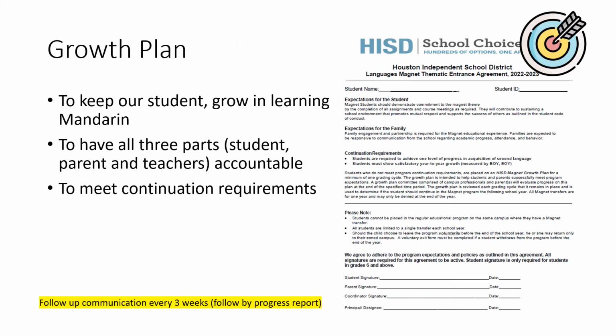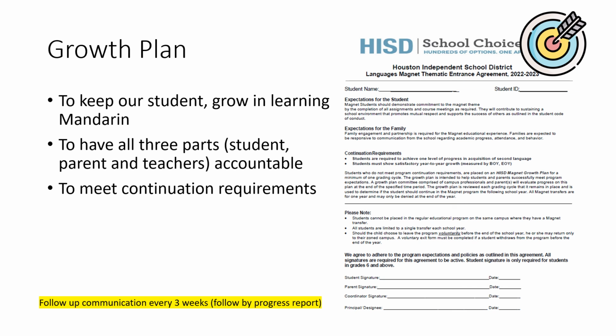Here is a little bit about the growth plan. If any student did not meet the grade level expectations for the Mandarin course, you all signed the entrance agreement at the beginning of the school year, in the packet you received at home, where you signed a whole bunch of forms.